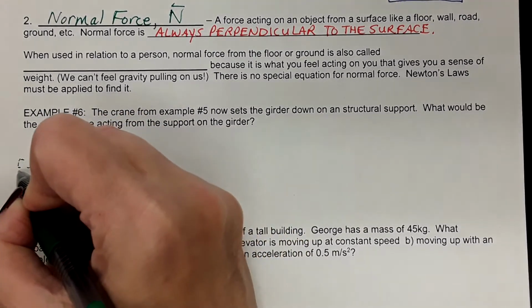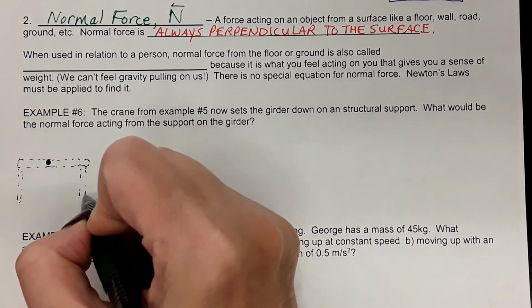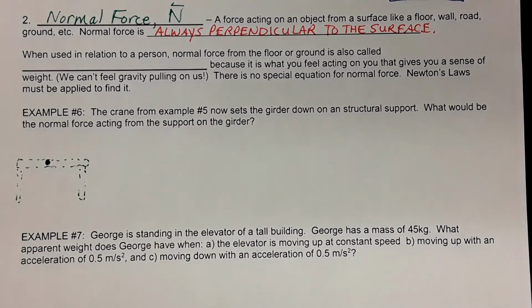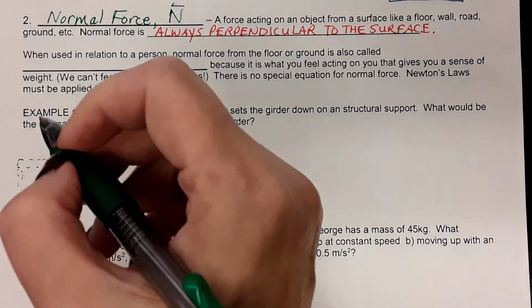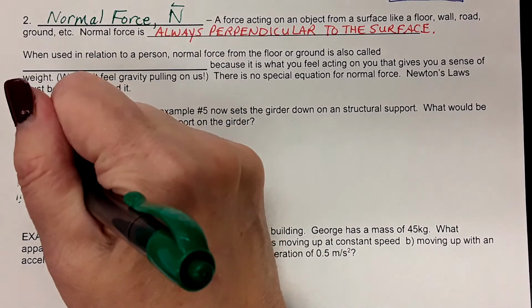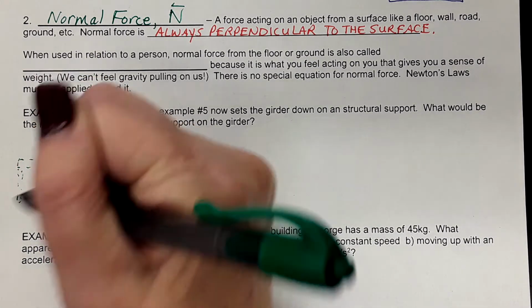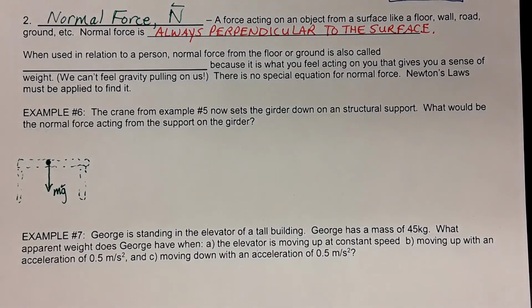See, it looks like that, and then maybe you've got two support beams, maybe one on each end, or something that's holding it up. The crane is set there. We want to know what is the normal force acting from the supports. So first we have gravity pulling down, and then we have the normal force from the supports pushing up.